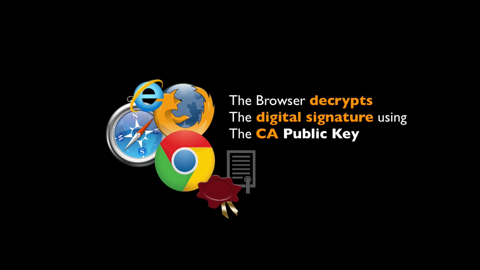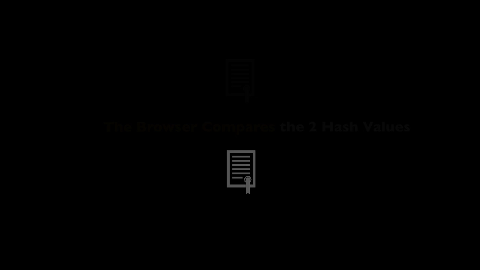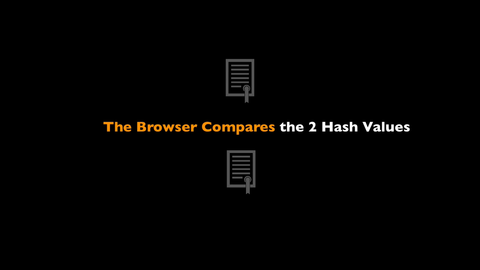Now, any browser keeps its CA certificates in a different place. As the file is being decrypted, it gets the hash of the digital certificate value. It then takes the original digital certificate and hashes it using the same hash algorithm that was used by the CA. The type of the algorithm is also present on the certificate itself.